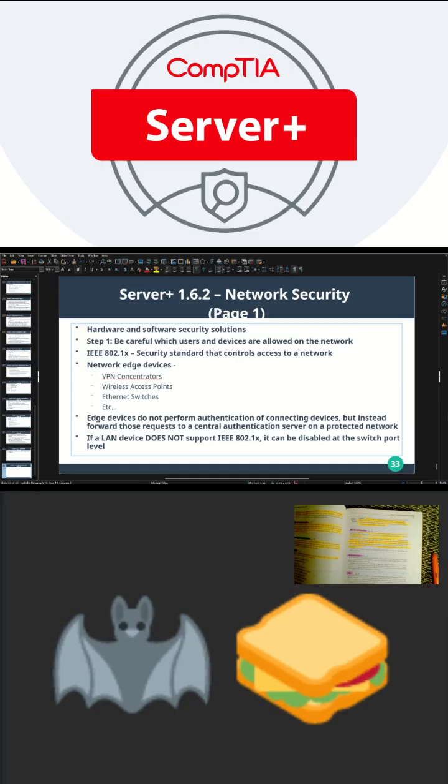Layer 4 is where we get into transport layer security. Sorry, routers are a layer 3 device and switches are layer 2 devices, traditionally, in the traditional sense of the OSI model.